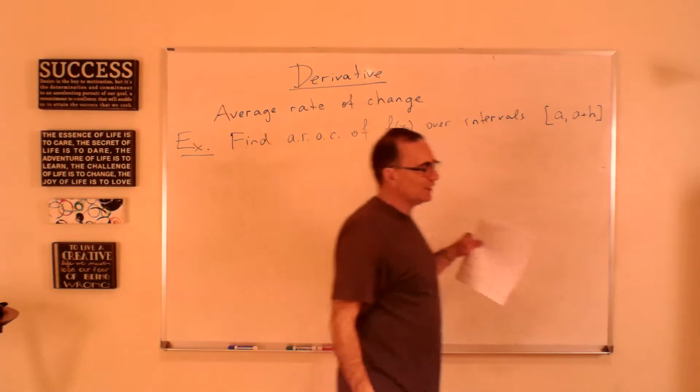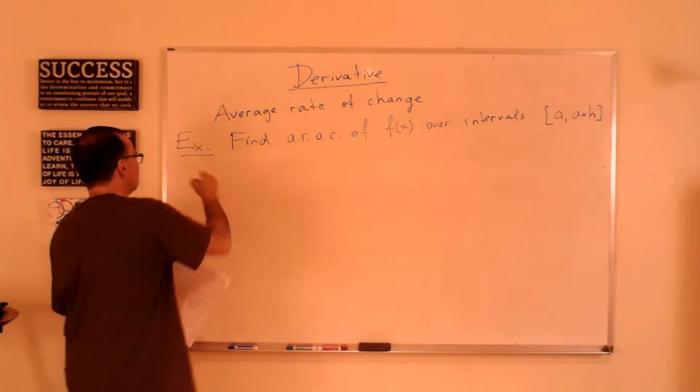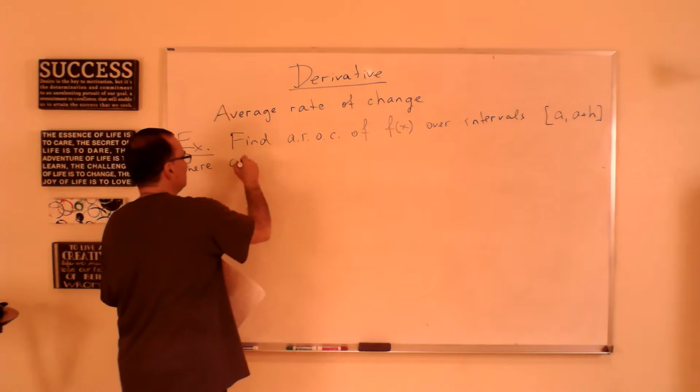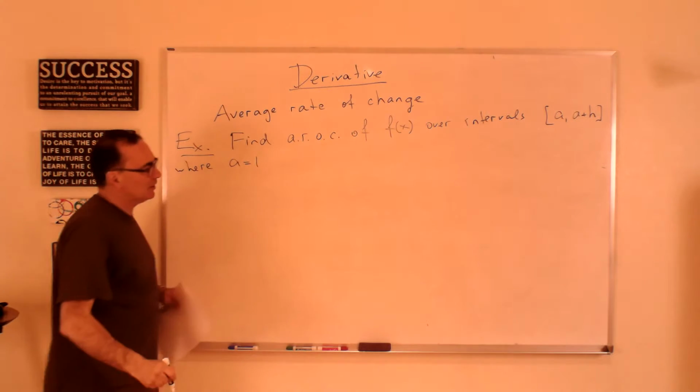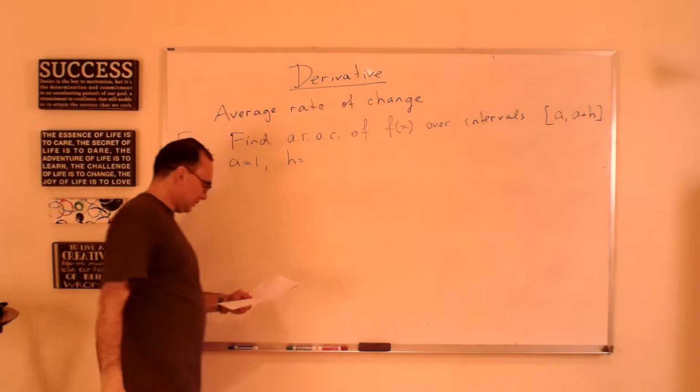So I will be using the other formula for the average rate of change, where a is chosen to be 1, a equals 1, but the h takes several values.